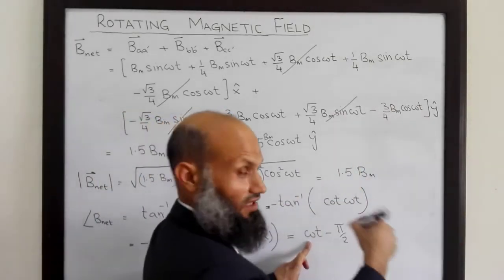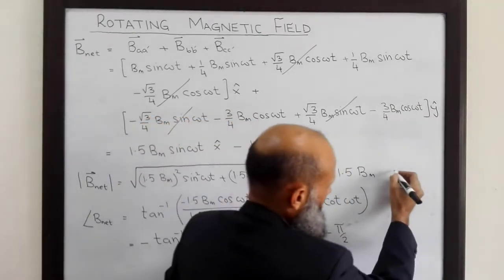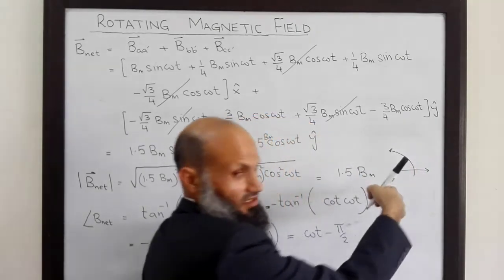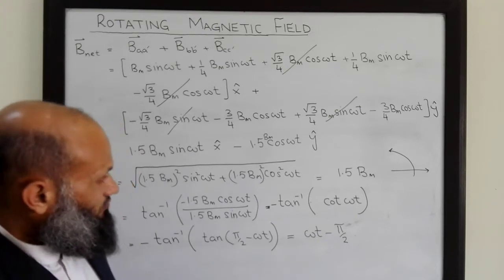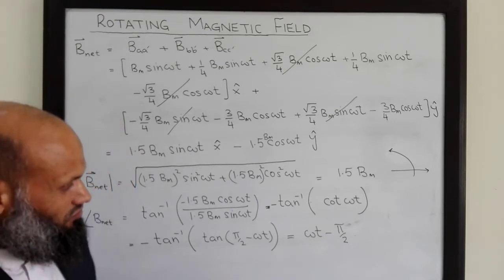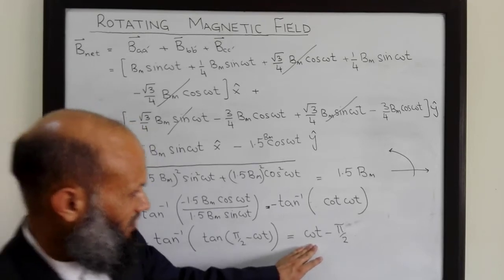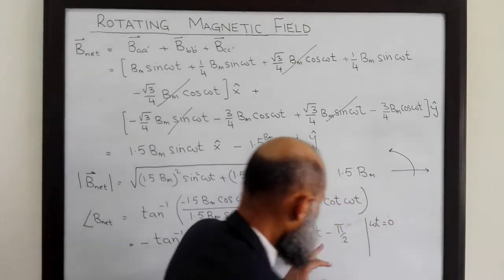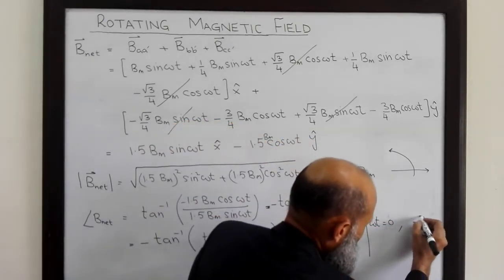In counterclockwise direction, because as t increases, angle will increase, and increase in angle is always taken to be positive angles. You can verify the situations which we discussed in the last lecture, that is corresponding to omega t equal to 0, we have an angle of the resultant vector which is minus pi by 2.